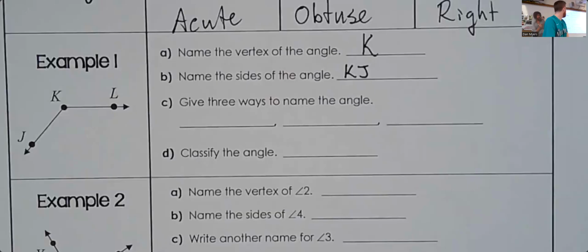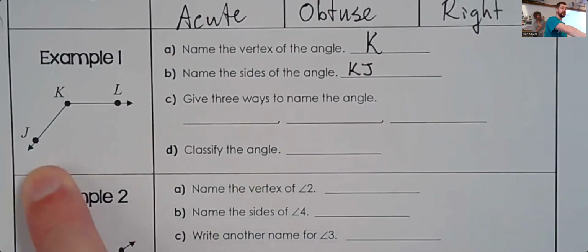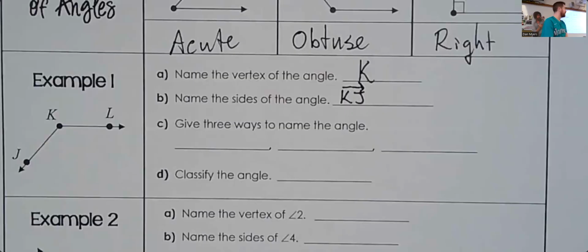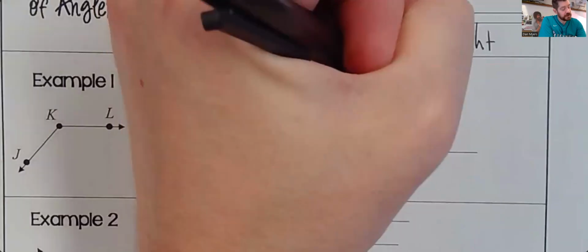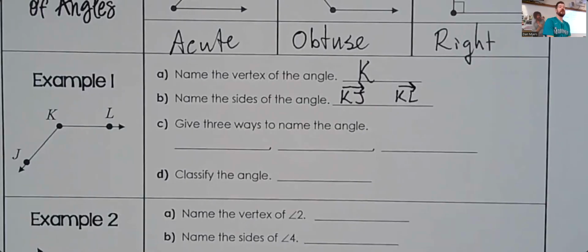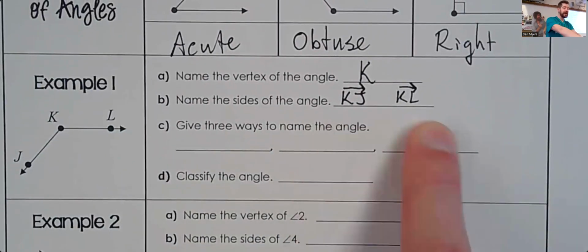And then remember, symbolically above it, the arrow goes over the letter that the arrow goes through on the diagram. So you're going to have K through J, like that, with the arrow above it. The other side would be KL, with the arrow going above the L, because they have the same endpoint of K. So the sides here would be ray KJ and ray KL.